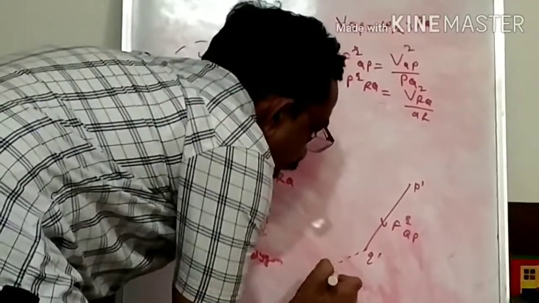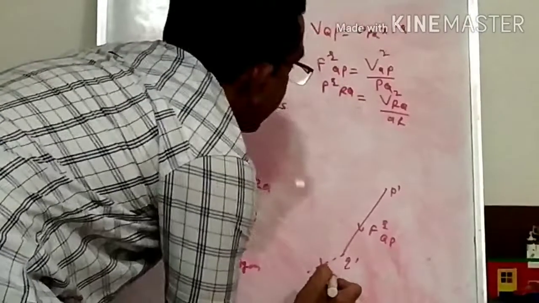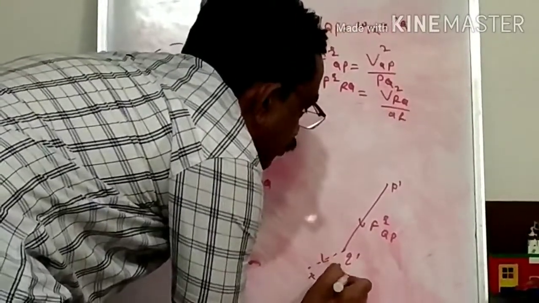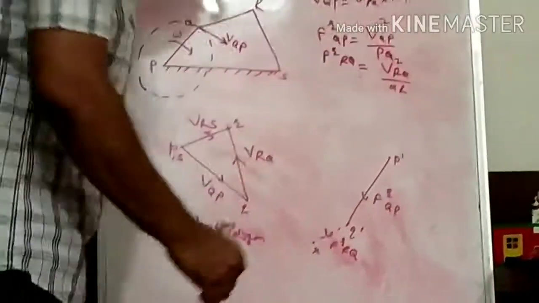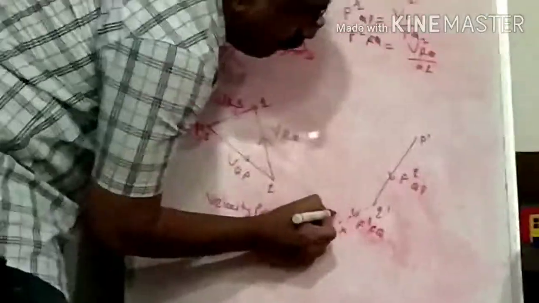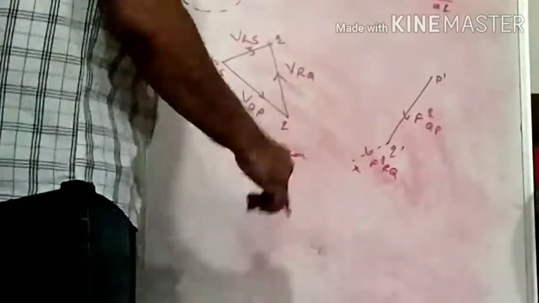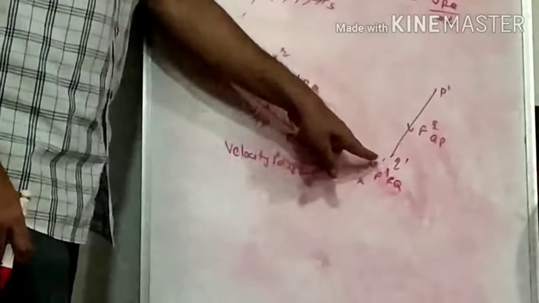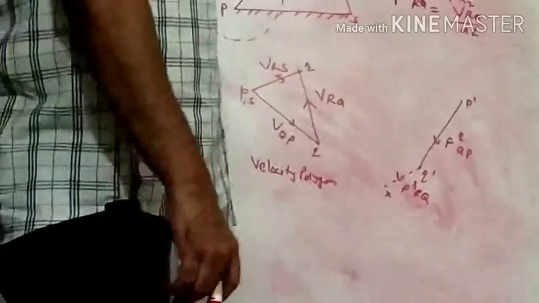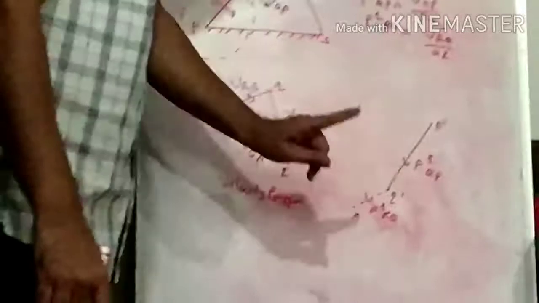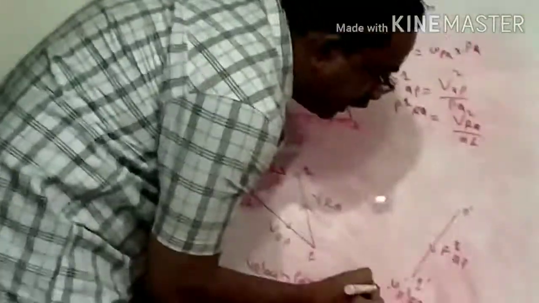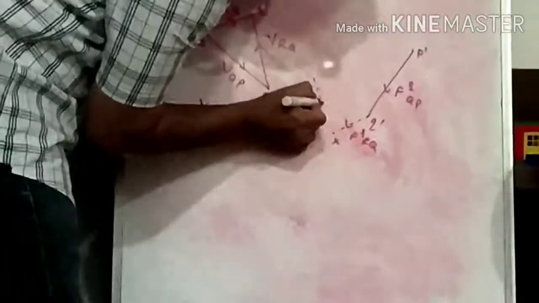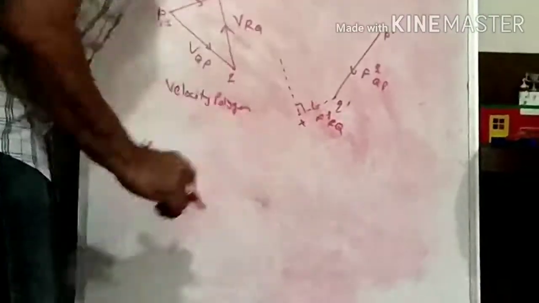Vector Q dash X represents the radial component of acceleration of R with respect to Q. Then draw the vector from point X. The tangential component is always perpendicular to the radial component. We don't know its magnitude, but we know its direction, so just draw the vector.